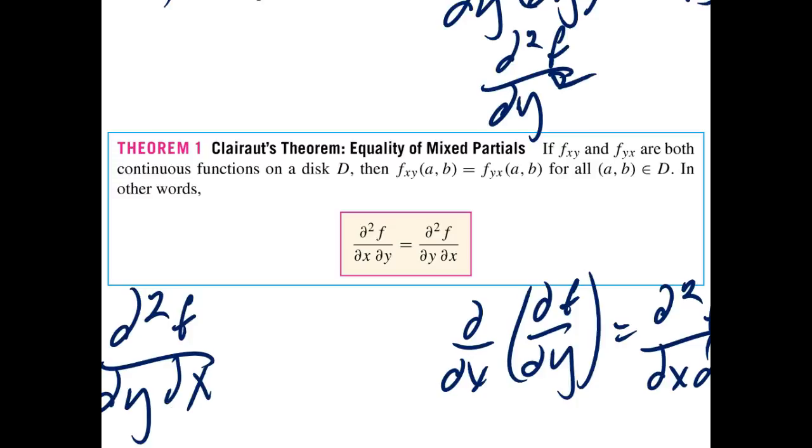Okay? So yeah, most of the time, if they're continuous on that disk. If they're not, then they're not equal. But most of the time, we're going to deal with ones that are. In other words, those two are the same, so it really doesn't matter which order you do. Okay? So there's no real big deal about trying to keep up with that.